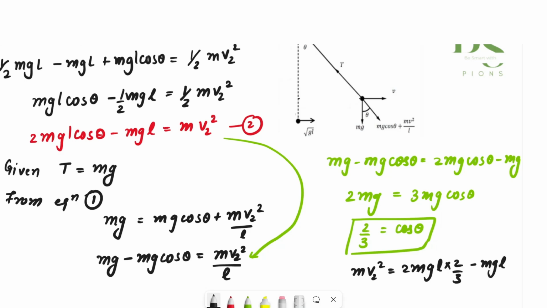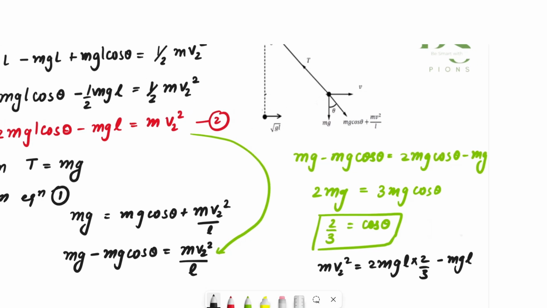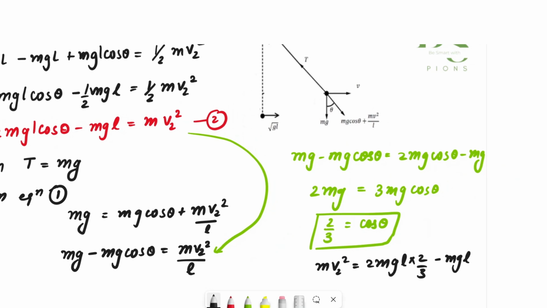Correct? Let's divide the whole equation with m. So v2 square will be equal to 4 by 3 gl minus gl, and that is gl by 3, and that gives us our velocity v2 as root under gl by 3.